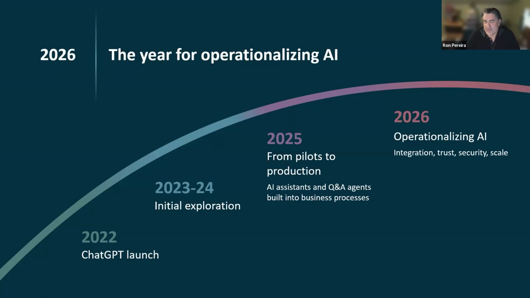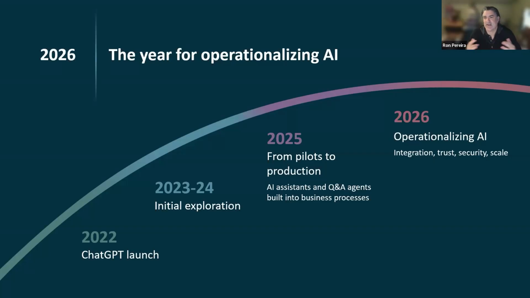This year we're really starting to see this move, at the tail end of it, from pilots to production. I think the Apps Associates team has been critical in driving a lot of that type of adoption and engagement. But with that solid foundation, as we've gone into this next wave of AI, we're looking at next year as really the year for operationalizing AI, for really figuring out how to put it in place and take advantage of it at scale, versus a lot of 2025, even back half of 2024, which was a lot of pilots that really didn't go anywhere.